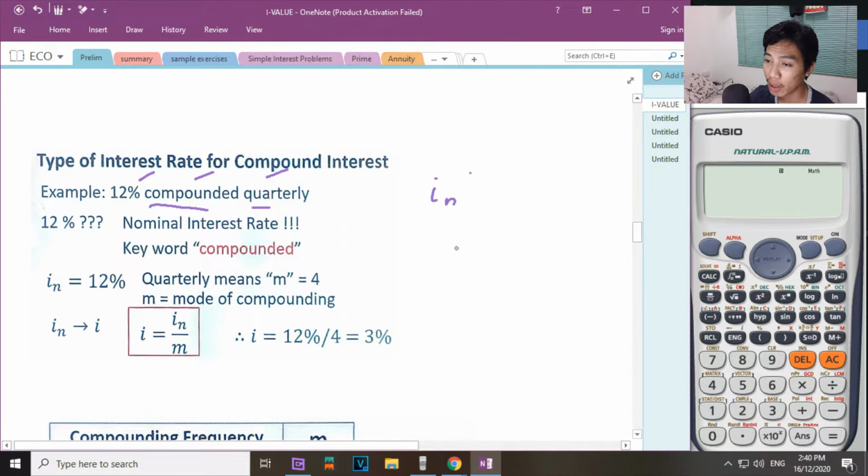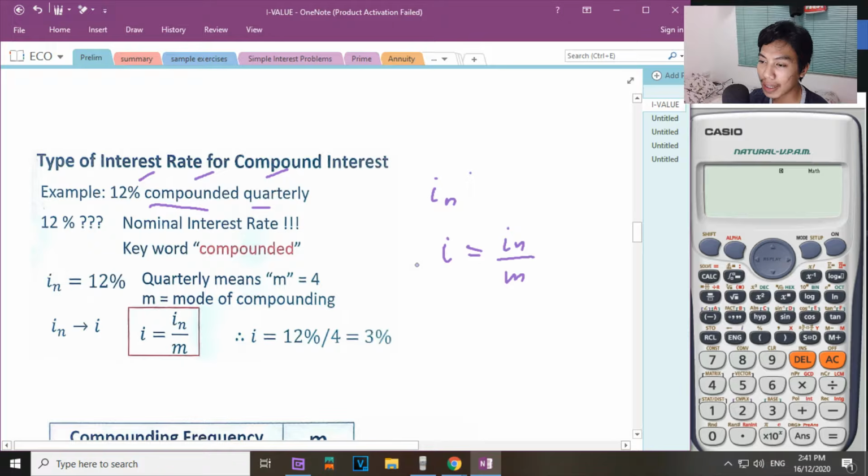Okay. Now, how will we get yung actual? Now, kapag actual interest rate, okay, the actual interest rate, sinabi lang niya compounded. Okay? Compounded. 12% compounded. Okay? Paano makukuha yan? I N over M. Okay.